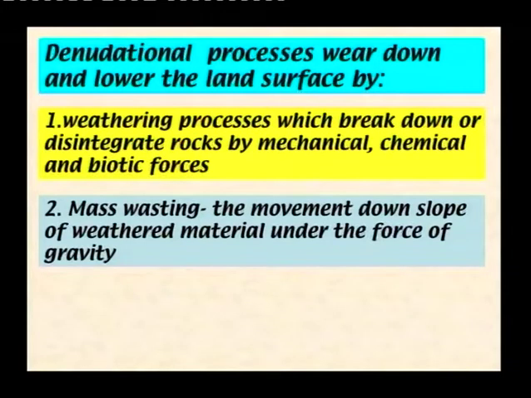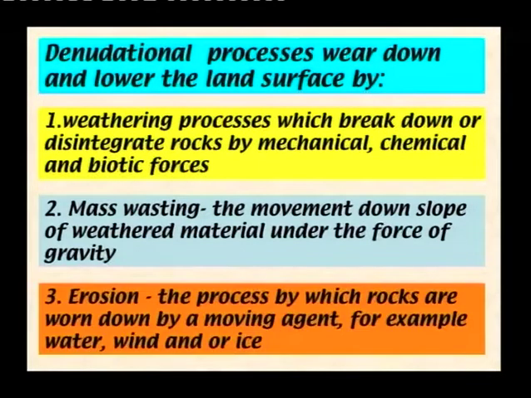Gravity pulls everything down, and any materials, especially which have been broken down, which are on slopes, when they move down the slopes due to the force of gravity, then we say they come under mass wasting or mass movement. We're going to cover mass movement in great detail in grade 12. But I am just telling you now that mass wasting is also an important process with denudation.